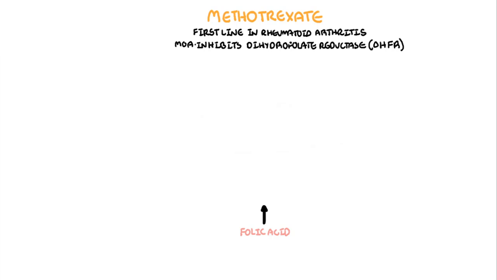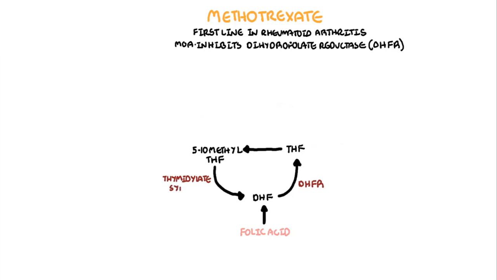Folic acid from our diet is converted to dihydrofolate, and through dihydrofolate reductase becomes tetrahydrofolate. Tetrahydrofolate is converted to 5,10-methyl tetrahydrofolate, which through the enzyme thymidylate synthase becomes dihydrofolate again.